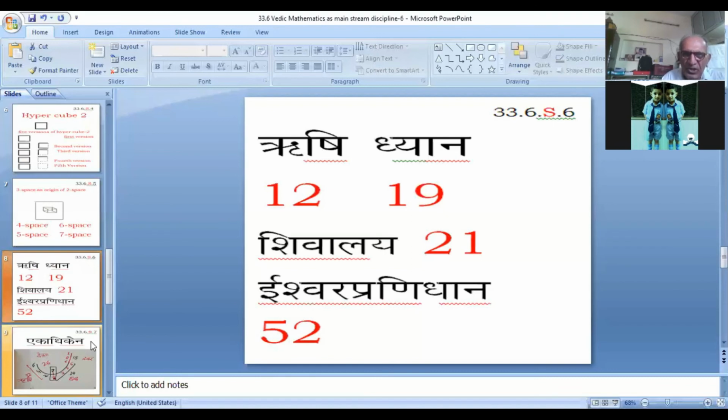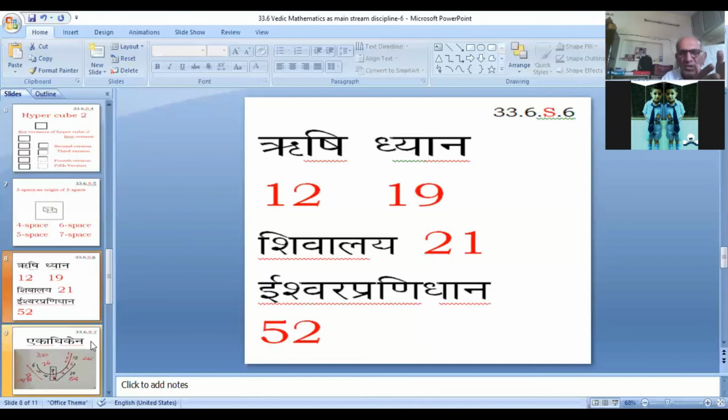Therefore, the dhyan, the meditation which puts the origin along the carriers upon the chariots, and these carriers take to the transcendental home, Shivalaya, of TC value 21.